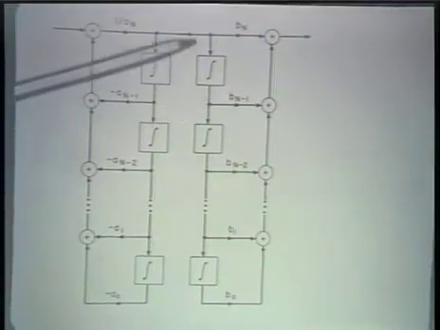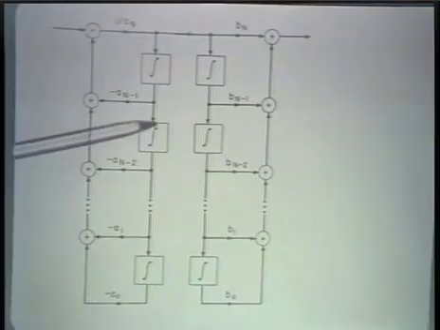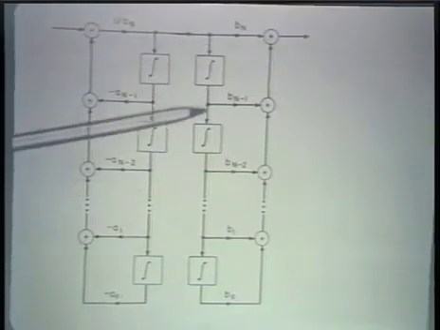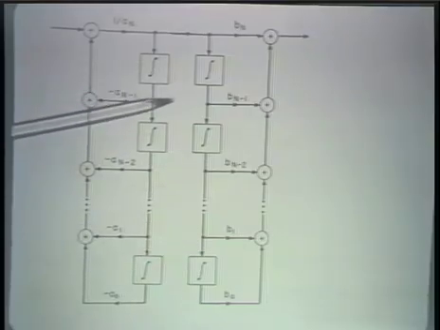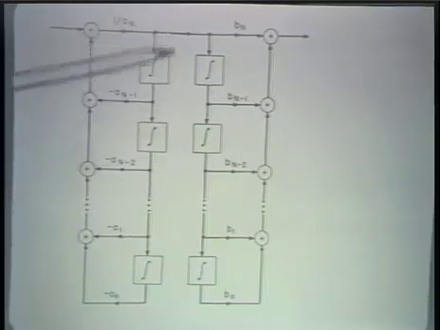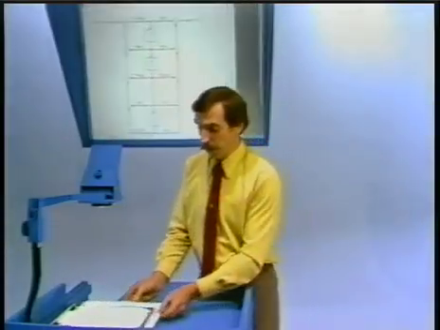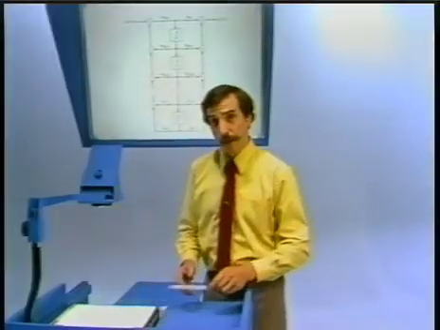And then what we recognize is that the input to this chain of integrators and this chain of integrators is exactly the same. And so we can collapse these together using only one chain of integrators. The system that we're left with is a system that looks as I've indicated here.